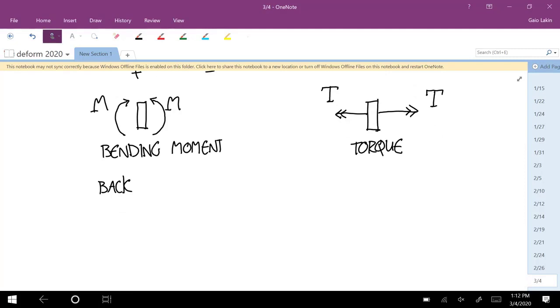And really the main reason is because in this class we're not going to have a way to calculate the stresses for things that are bending around more than one axis. We could calculate those internal loads, and it wouldn't be hard to modify this to do that, but we still wouldn't be able to calculate the stresses.